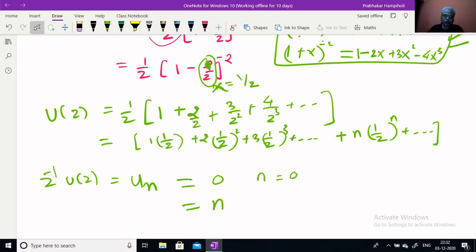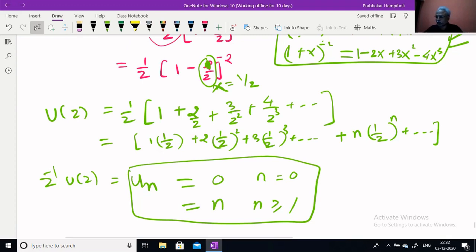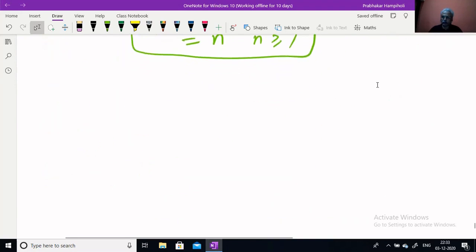The first term is for n equal to 0, the remaining for n greater than or equal to 1. This becomes our inverse z transform. So these are the examples where you are going to use either the division process or some adjustments like this. But sometimes, if the division process or power series is not asked, the partial fraction method is very useful. Next example, maybe example number 4, I am going to deal with.